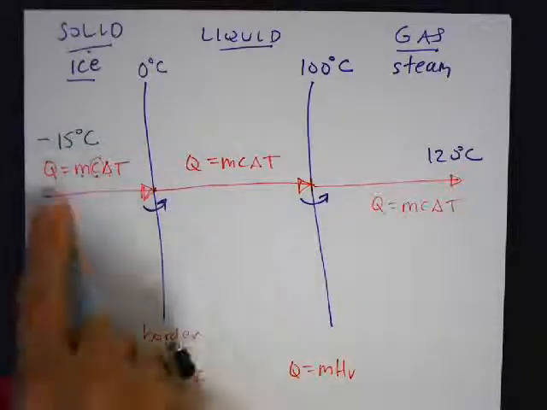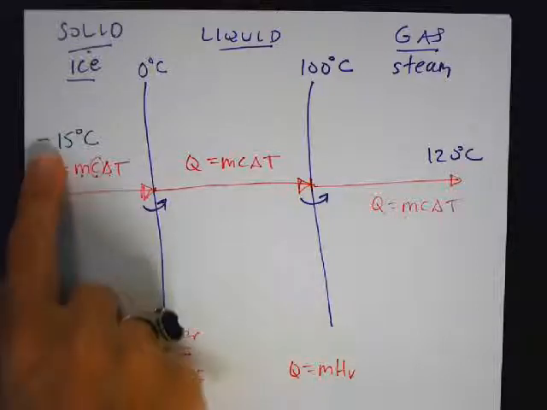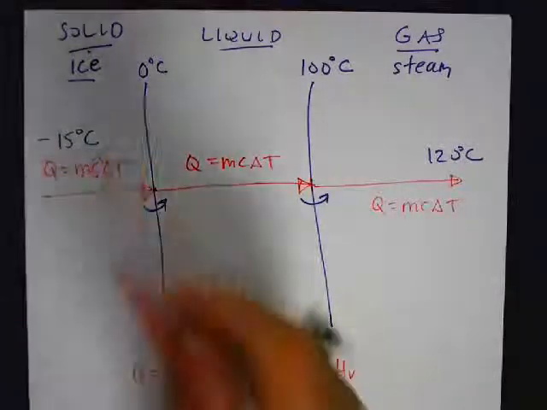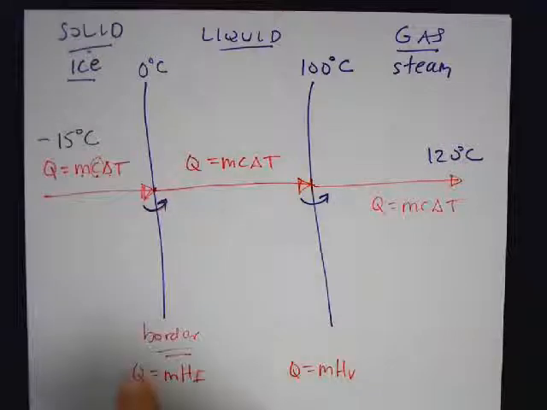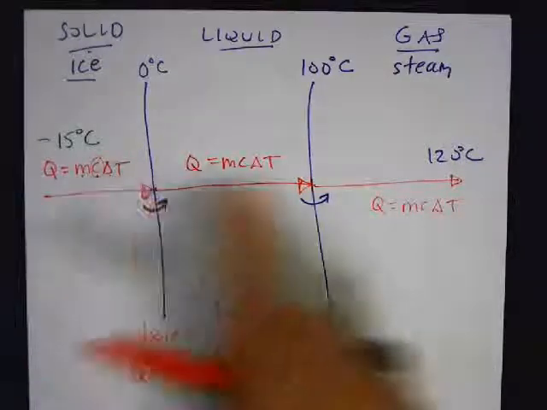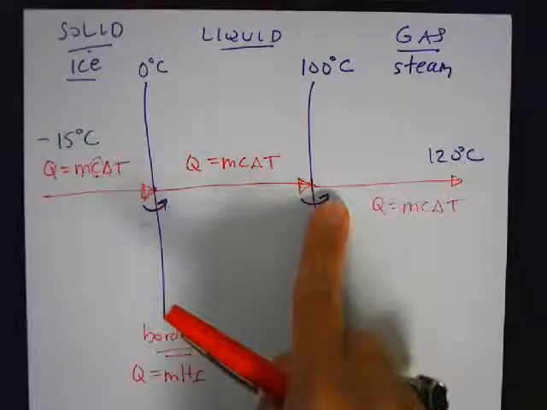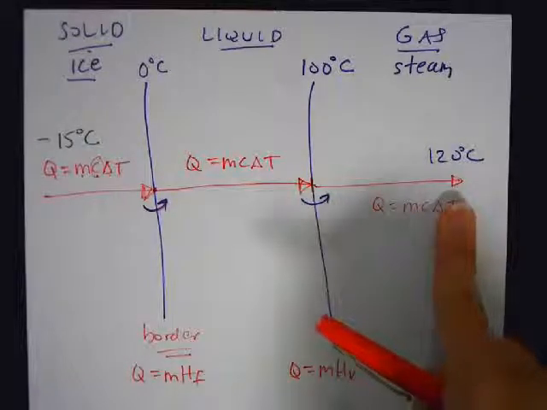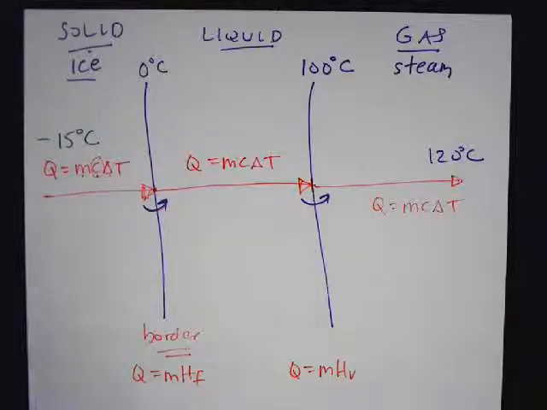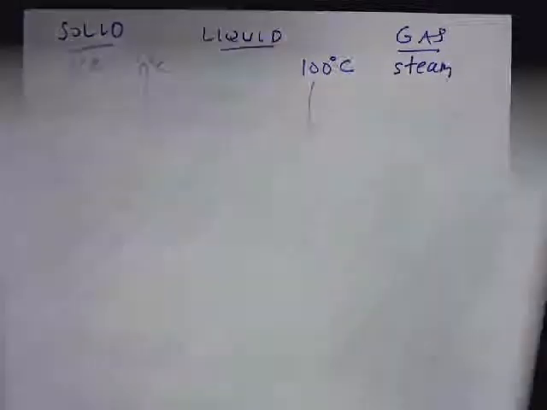First, it takes energy to go from negative 15 to 0. Then it takes energy to cross this borderline. Then it takes energy to travel that 100 degrees. Then it takes energy to cross the border, and then it takes energy again. So let's look back at the notes.